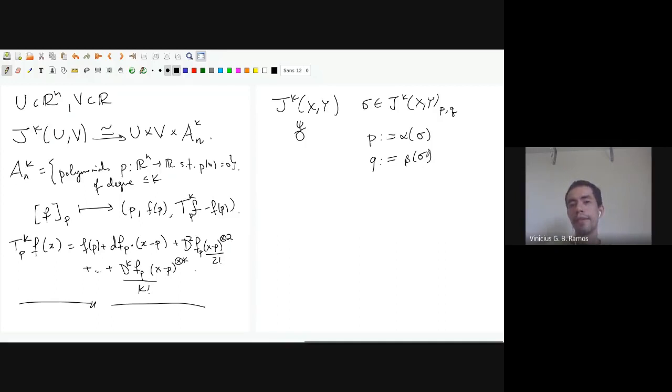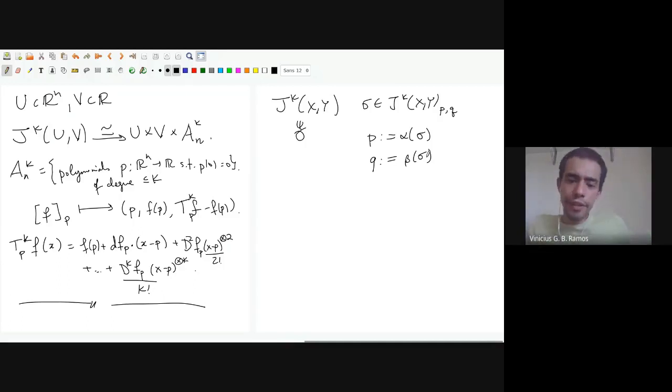the image, basically. So if you have a jet, the first information that you know is that it is based at a point on X, and it maps this point to some point on Y. A jet, again, is basically a germ of a function. So the first information is the point where you are, and then the image of this function.